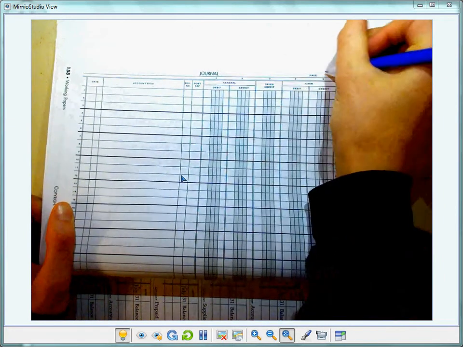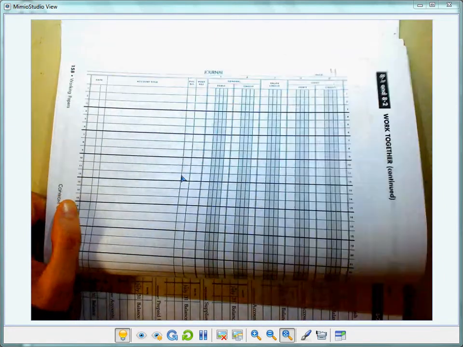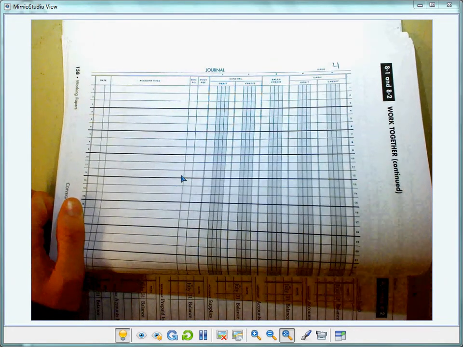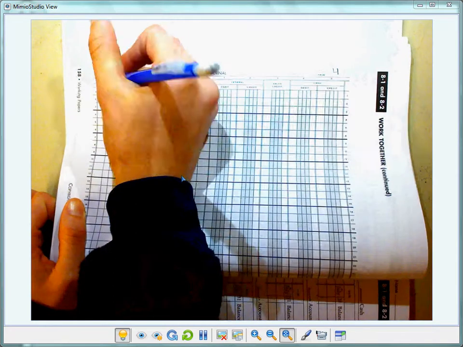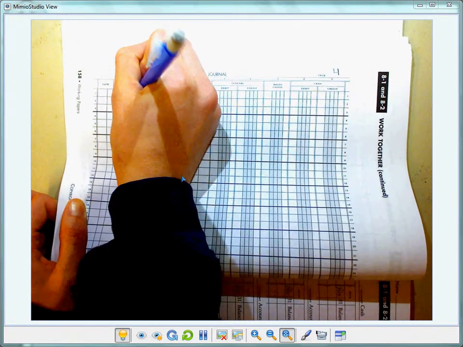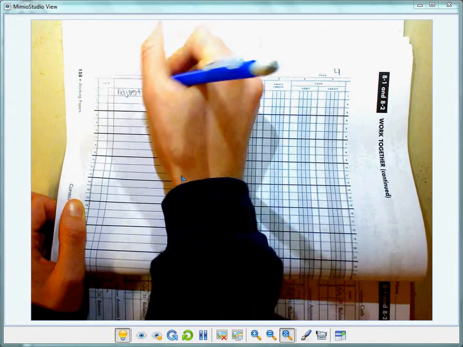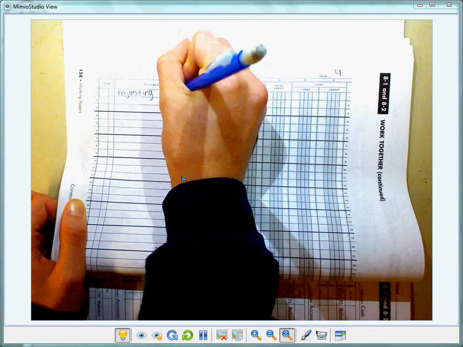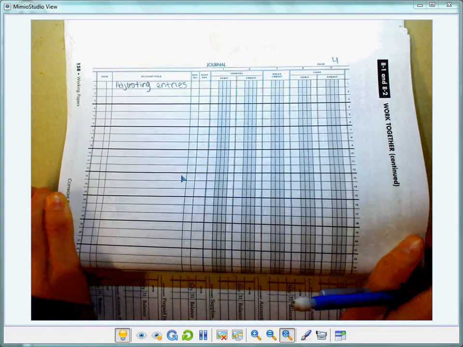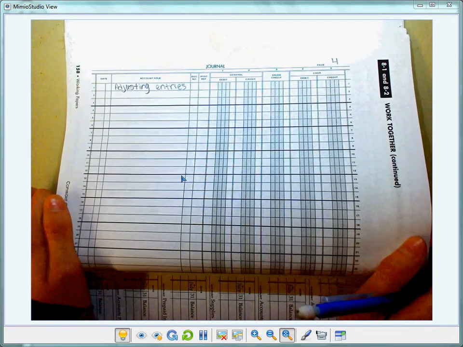So page 4. And then the first thing on that first line there for account title, we're going to write adjusting entries. And our date on the next line is July 31st.